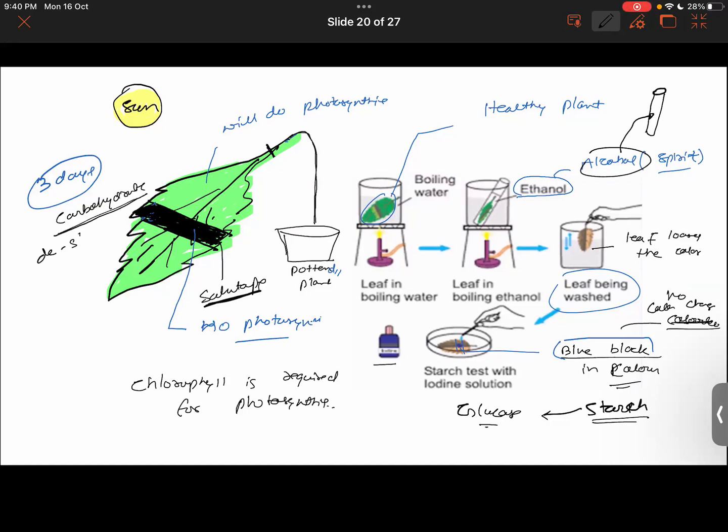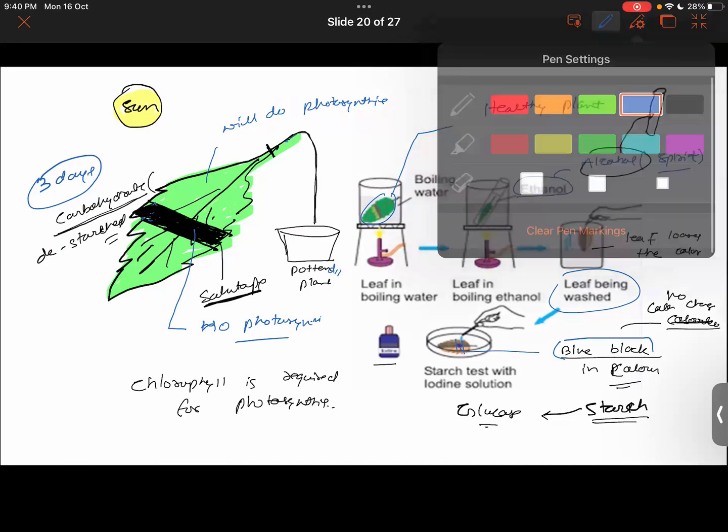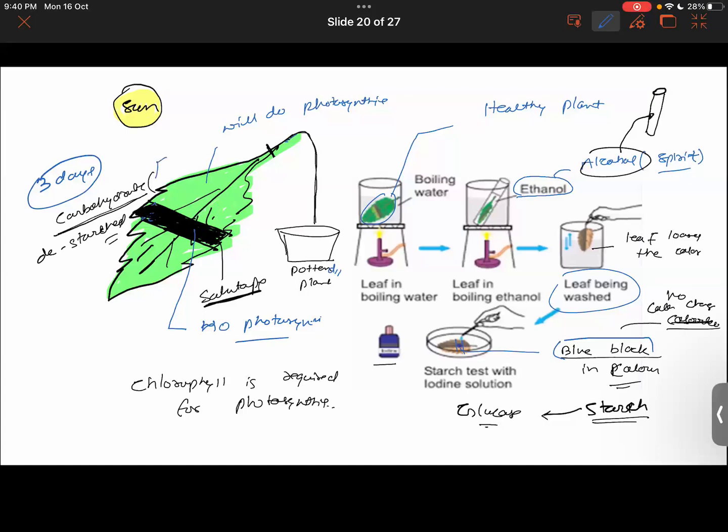So we have basically de-starched it. We said it has been de-starched, because there are different types of carbohydrates. Carbohydrate is glucose. You must have heard of the name glucose. You must have heard the name starch. So starch or glucose, these are basically carbohydrates found in the leaves of the plants or other parts of the plant also.